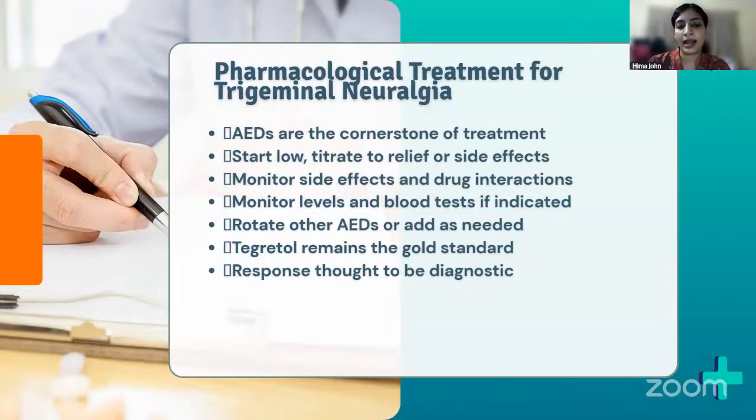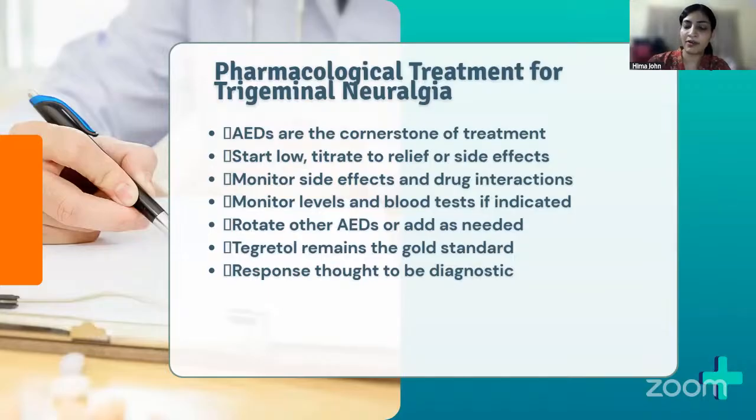Another important point you're supposed to note down when you prescribe medicines for patients with trigeminal neuralgia is to monitor side effects, monitor levels, and do blood tests if indicated. Whenever these anti-epileptic drugs are prescribed, most of the time patients end up developing anemia. And Tegretol remains the gold standard.